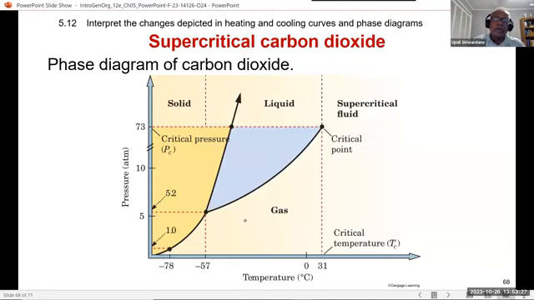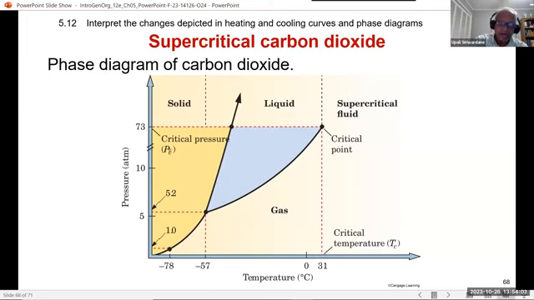If I ask you what the boiling point of carbon dioxide is, that middle line here is about negative something. It's not normal pressure; 73 is very low pressure. So this is the boiling point of carbon dioxide.